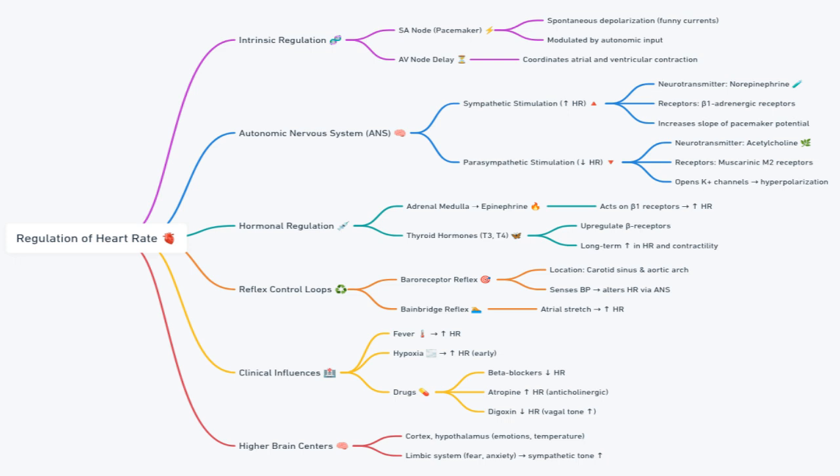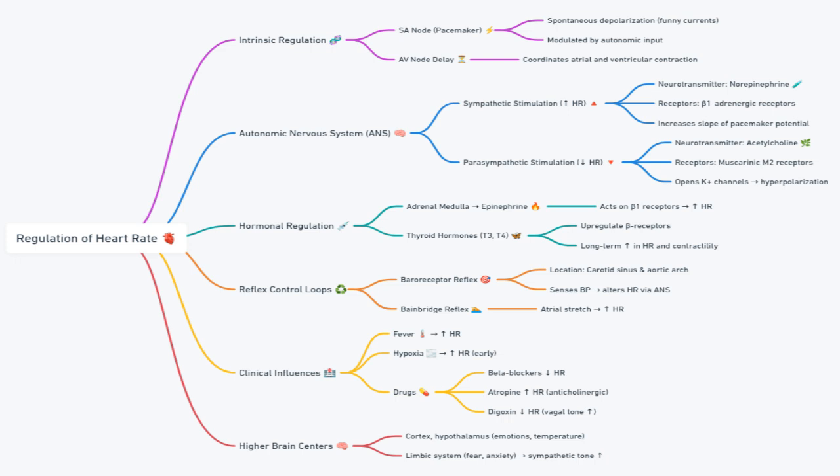For the mechanisms, there's release of noradrenaline or norepinephrine, which binds to the beta 1 adrenergic receptors on the sinoatrial nodal and myocardial cells, leading to increased cyclic AMP production. The outcome is accelerated phase 4 depolarization and shortening of the interval between heartbeats.